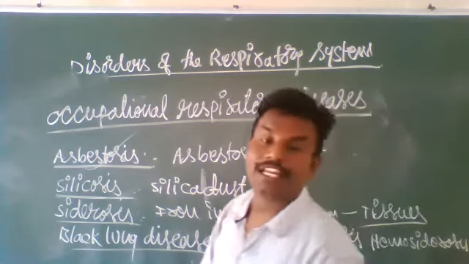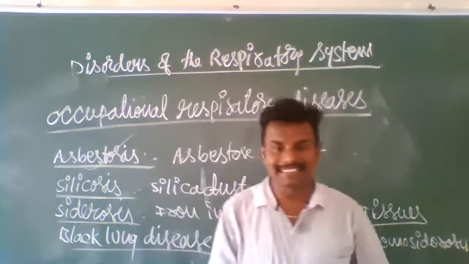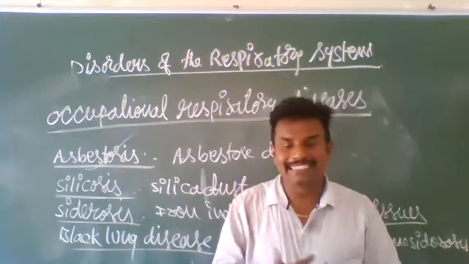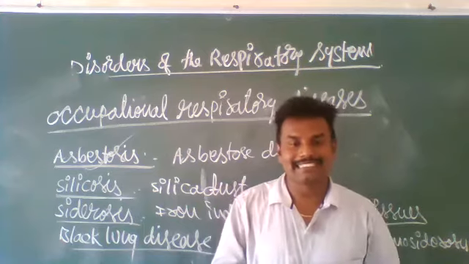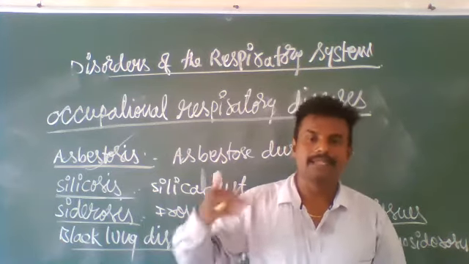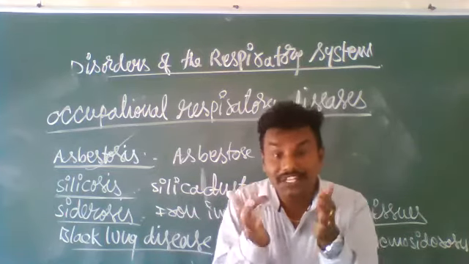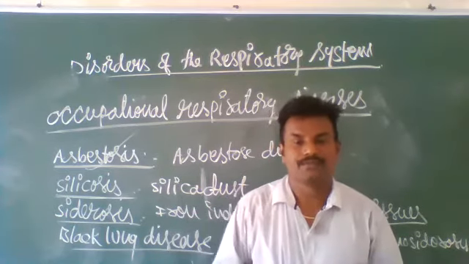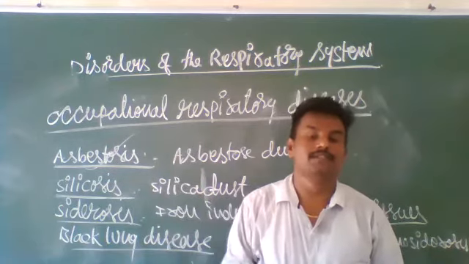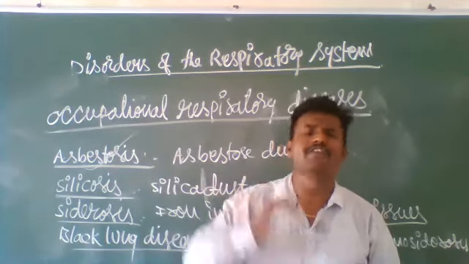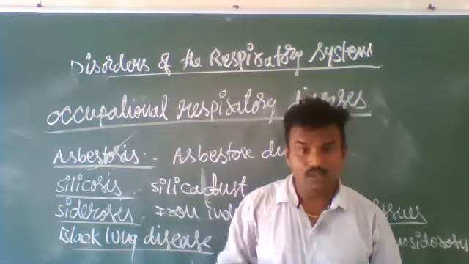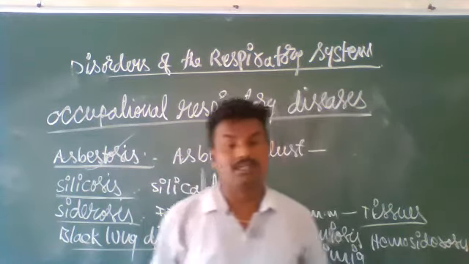The people who are working in coal mines, brick quarries, cement quarries, stone crusher quarries, like that. In such places, the people who are working very frequently suffer from disorders. Those disorders are called occupational disorders.